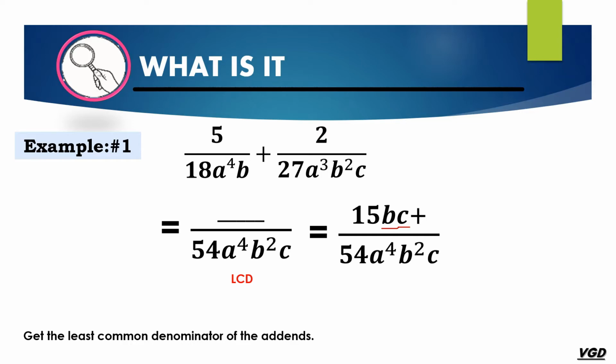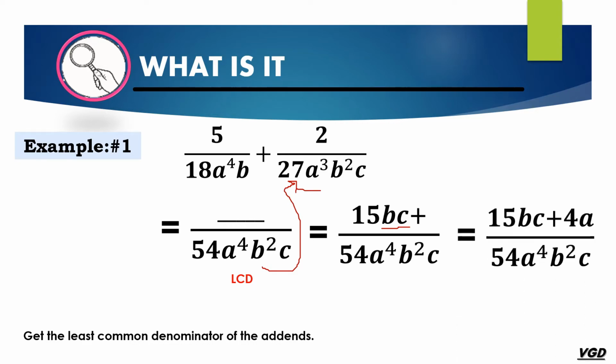Next, 54a to the power of 4 b squared c divided by 27a cubed b squared c is equal to 2a. So 2a times 2 is equal to 4a. So we got here 15bc plus 4a over 54a to the power of 4 b squared c.